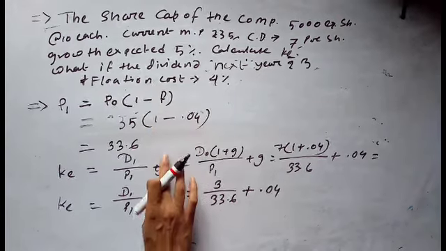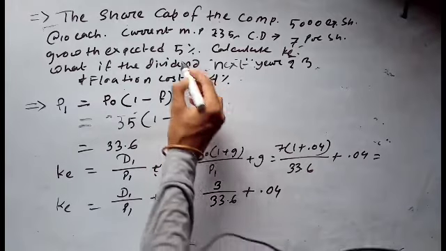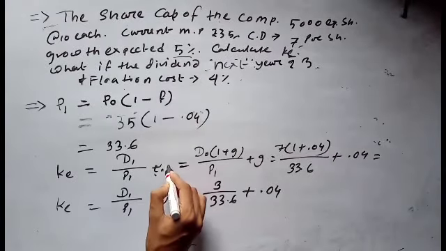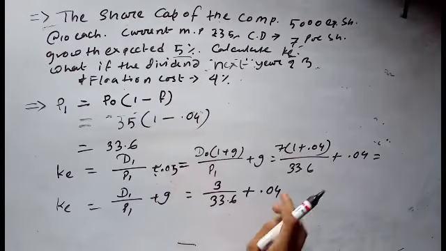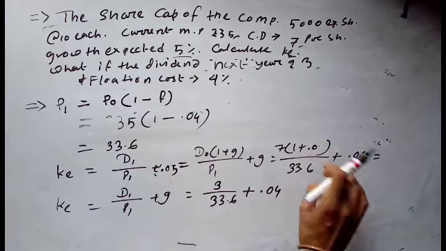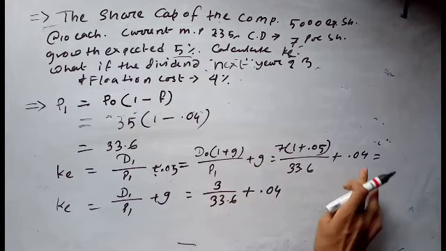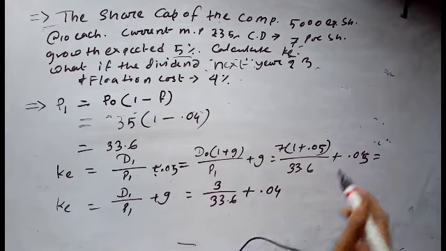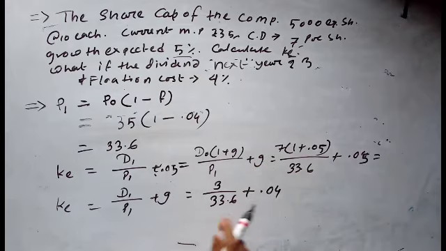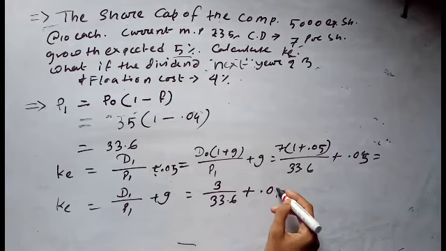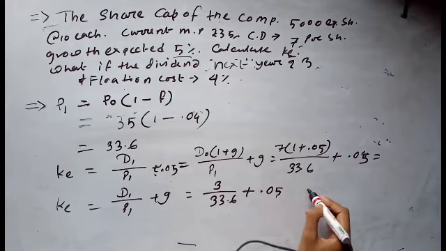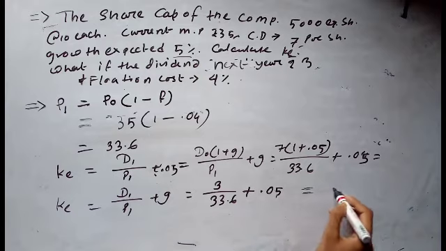The growth rate is 5%, as 0.05. Here also the growth rate is 0.05. If you calculate it, you will get the value of cost of equity.